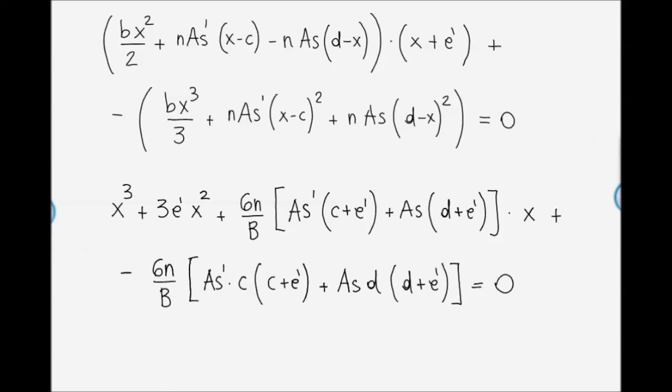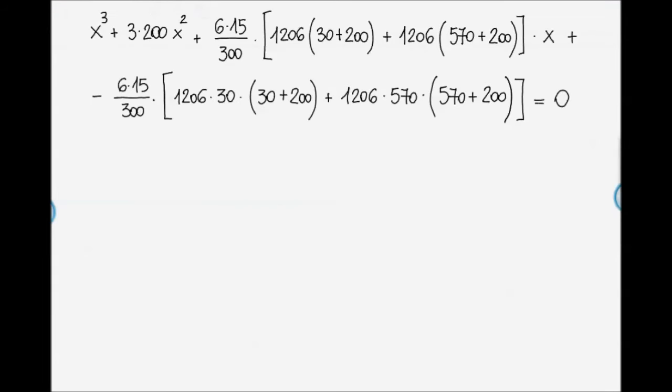Well, by substituting the numbers, we obtain this expression, which after the calculations gives this third order equation, x cubed plus 600x squared plus 361,800, minus this last term here.